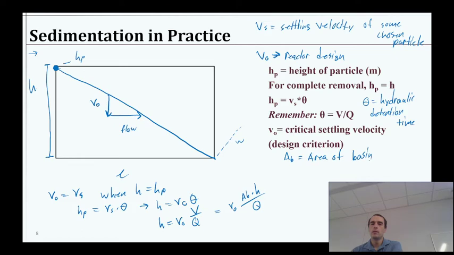That way it can be length times width, or pi r squared, in the case that we're doing a circular system, right? So whichever area is appropriate, we'll use that one. Does that make sense?